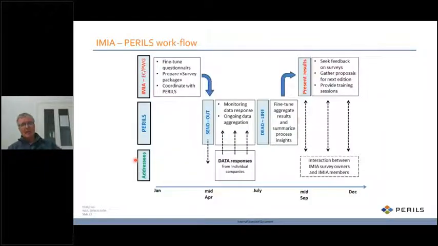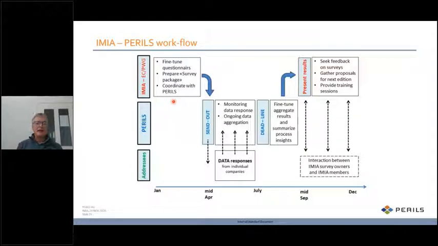Now, the next slide shows these three slides before in a very short wrapped up form along the time axis throughout the year. So when we start for the year 2021, next year in January, there will still be some fine-tuning of the questionnaires, preparing the survey packages, fine-tuning the list of addressees, and coordinating with Perils to achieve a very efficient process.